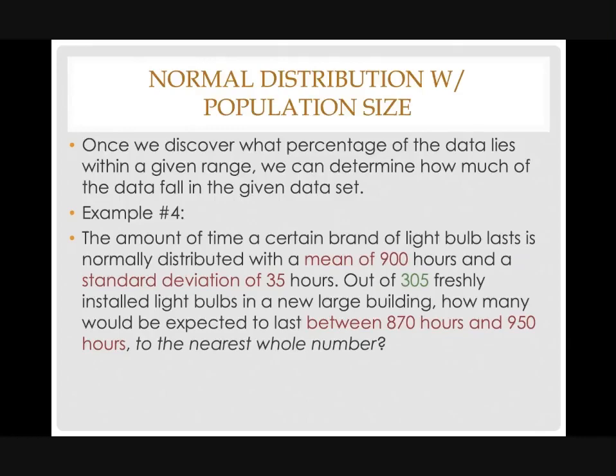Out of 105 freshly installed light bulbs in a new large building, how many would be expected to last between 870 hours and 950 hours to the nearest whole number?